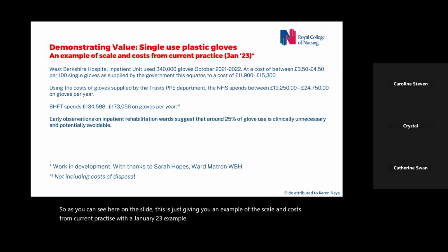Gloves are one of the most common single-use plastic items in healthcare. And between February 2020 and 2021, 5.5 billion gloves were used in the NHS and social care in England alone.